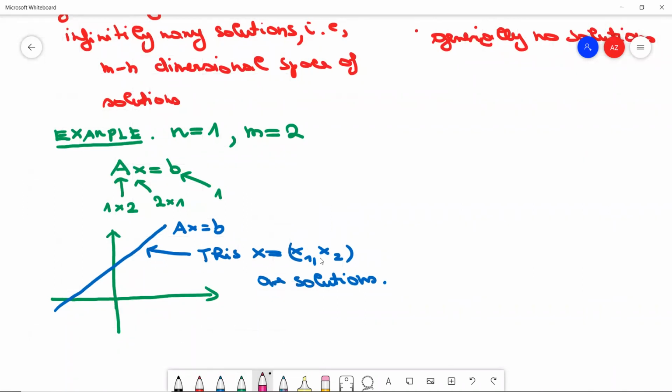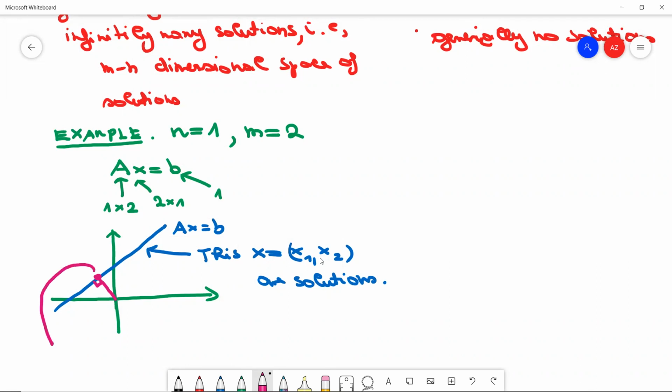But out of those solutions, we would like to extract the most important one, and usually we would choose the solution which has the smallest norm. This is the one solution where we get exactly a right angle between our set of solutions and the vector that connects the origin with this solution. So this is the solution of smallest norm.